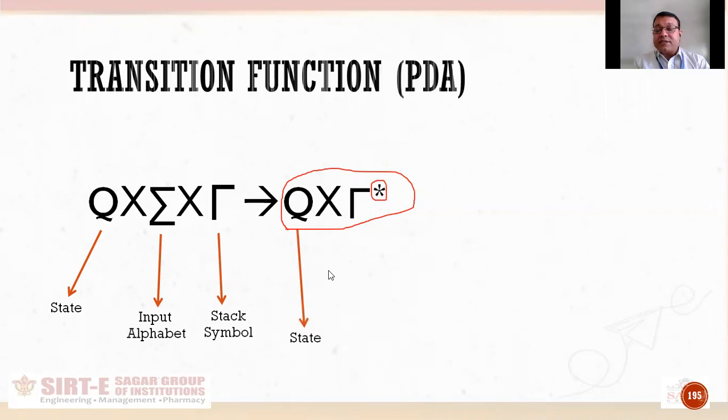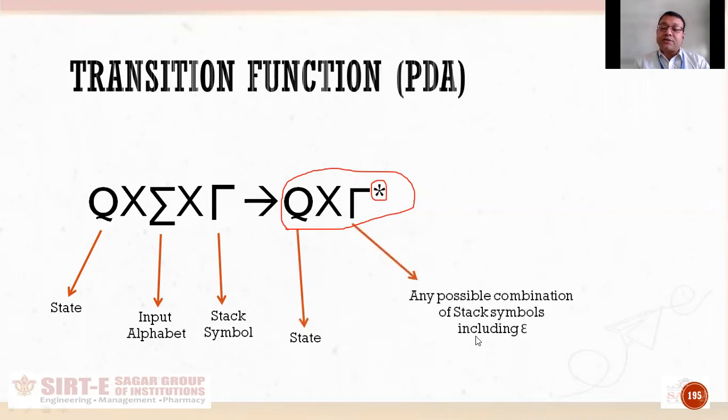Then on the right-hand side, in the answer, I will write some state, which state I am going to after reading all these things, and what possible combination of stack symbols including epsilon. That means what push and pop is happening on the stack, that I write. So this is the transition function for a PDA. I hope you understood this.